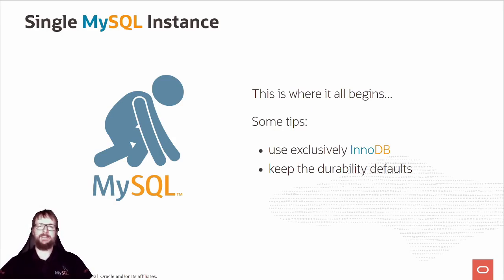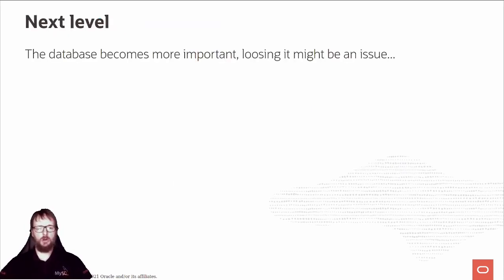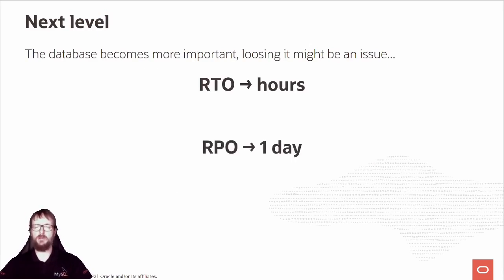But what's next? The next level is that our database becomes more and more important, and losing the database might be an issue, right? So what can we do, and what do we need to plan? To do that, we need to set some targets, and these targets are the RTO and the RPO. To start with, we're going to put RTO in hours, and the RPO at 1 day.